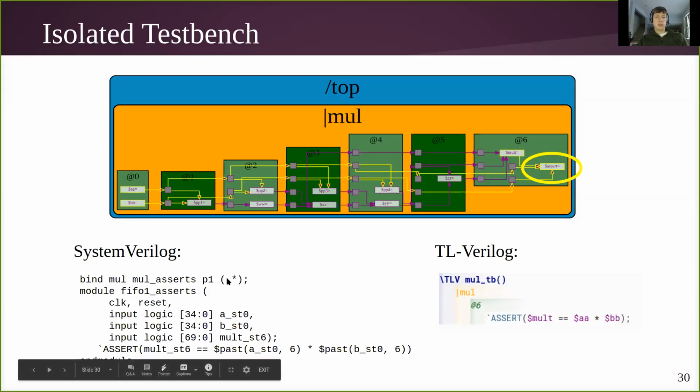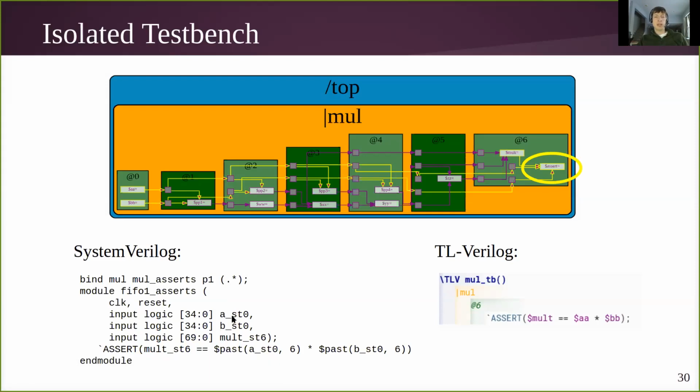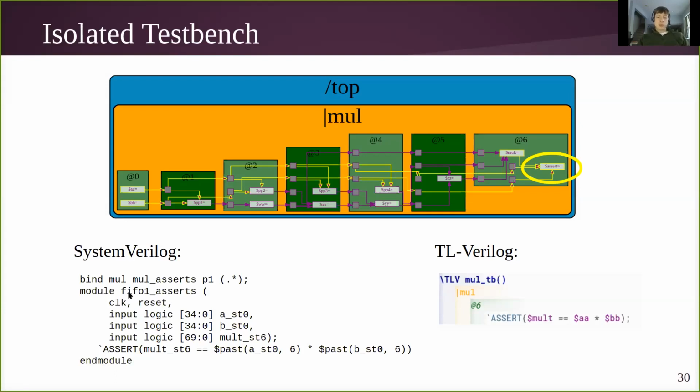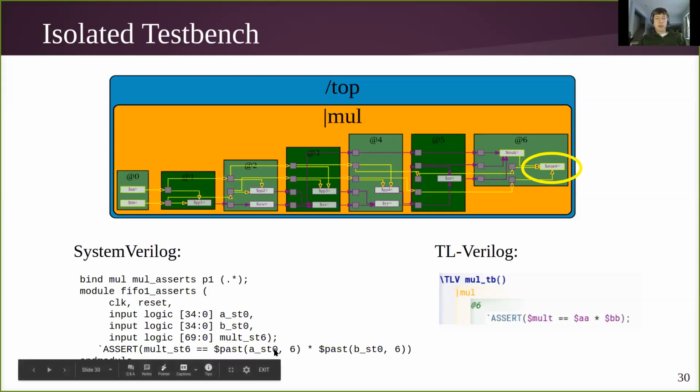In this case, the explicit hookup is using the wildcard expression because I'm using the same names. But you've got an explicit module interface with an assertion. I didn't test this logic, and I'm not an expert in creating bound test benches in Verilog, but this is what I came up with.